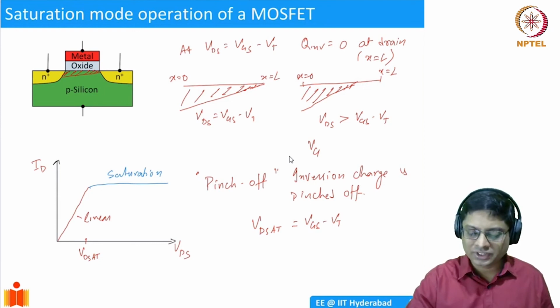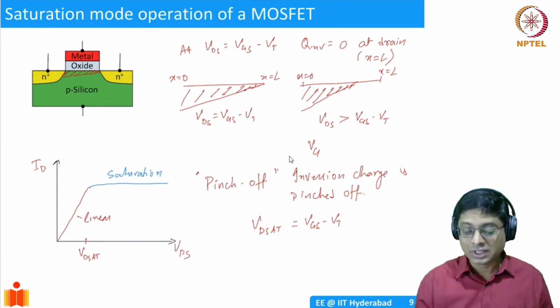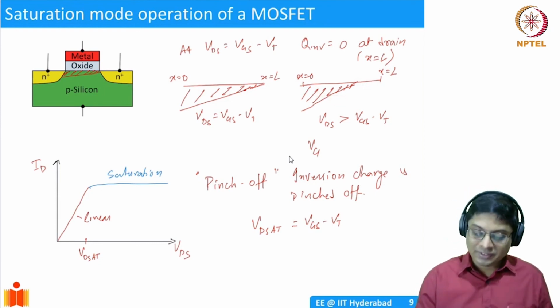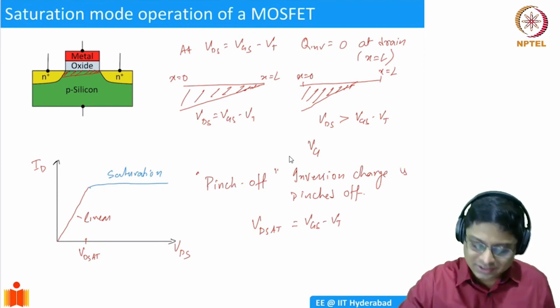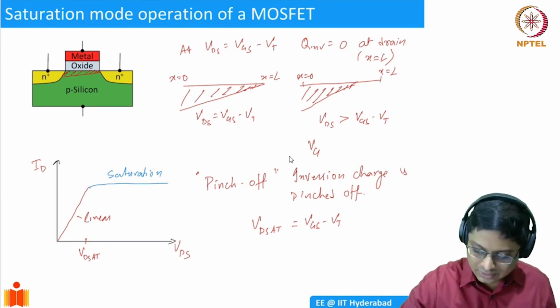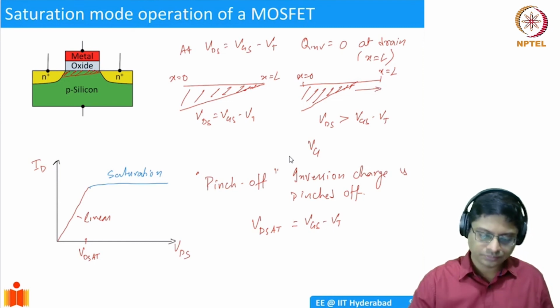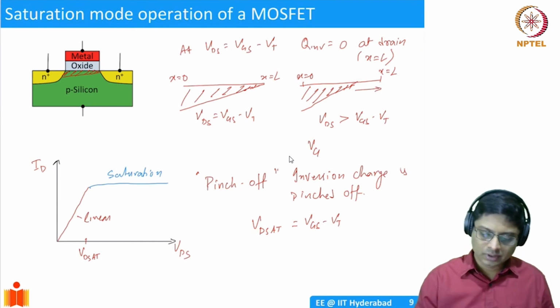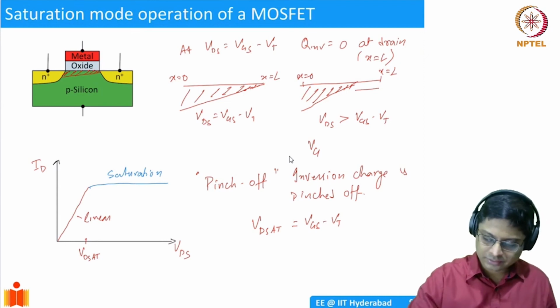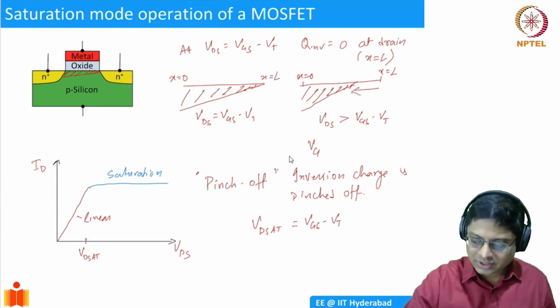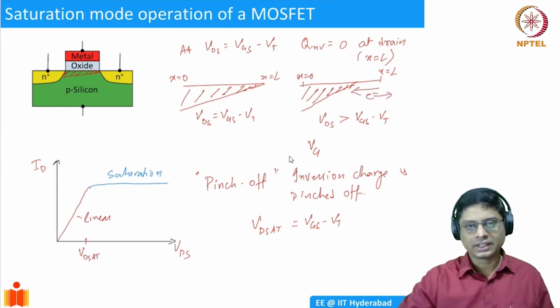Whatever inversion charge is here will cause the current to flow. Why will the current flow? Even though there is this pinch off, there is a field here which is going in the opposite direction, so electrons can still travel on this side. They will reach the drain.